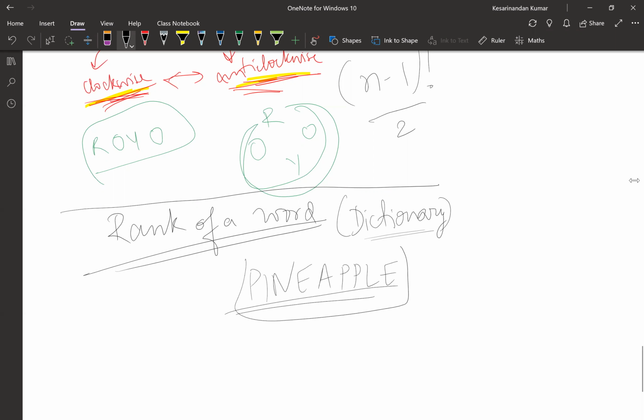I take this word, pineapple. I find the total number of words that can be formed using only these letters. You cannot use extra letters. I have to use all its letters, and those words may not be meaningful, so you can have any combination, even X, A, B is a word.